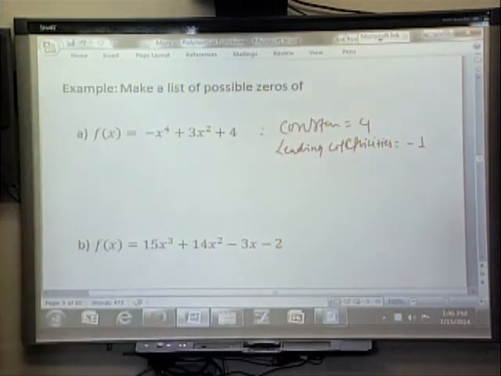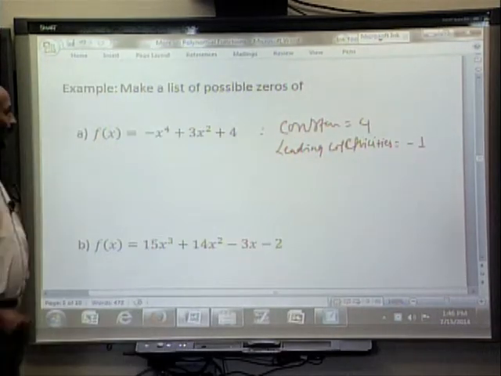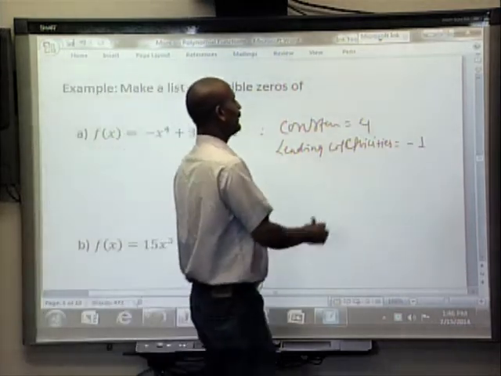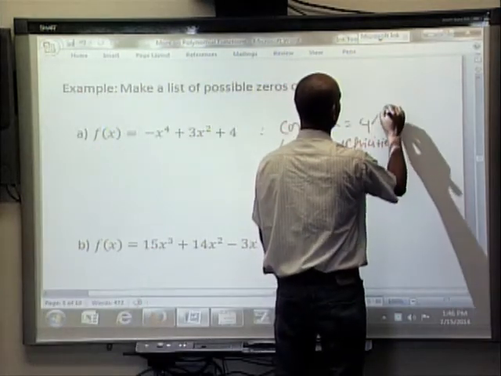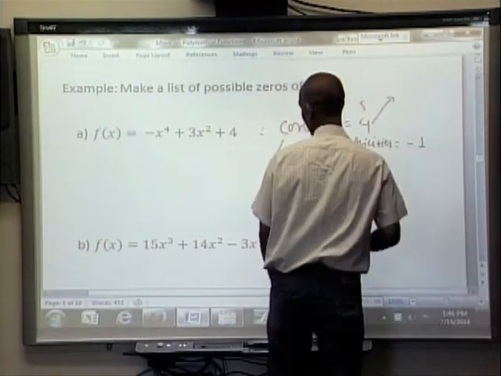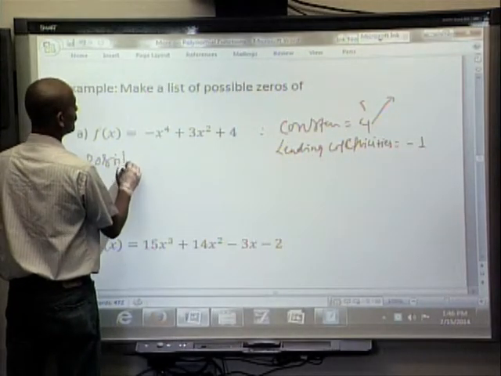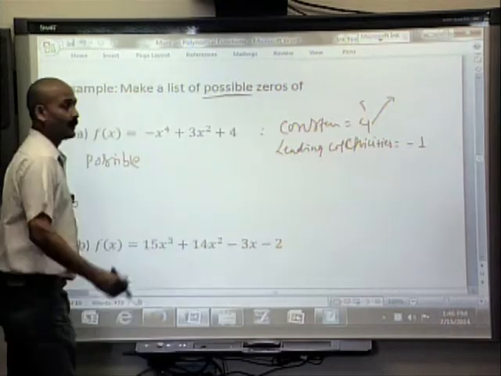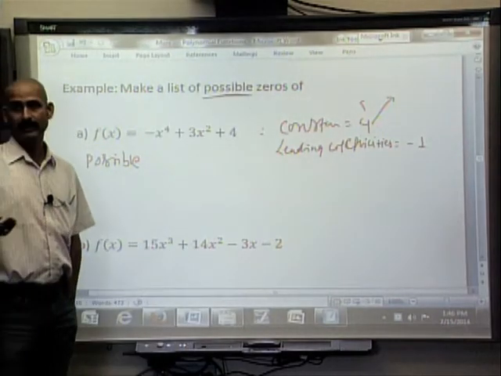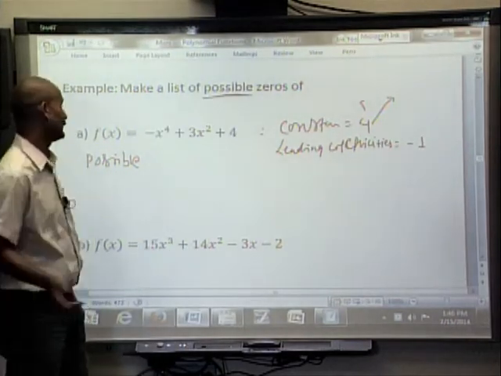Now, what we have to do is make a list of all factors of 4, or I will write here, possible rational zeros. See, we are saying possible, we are not saying it is, it is just listing possibilities.